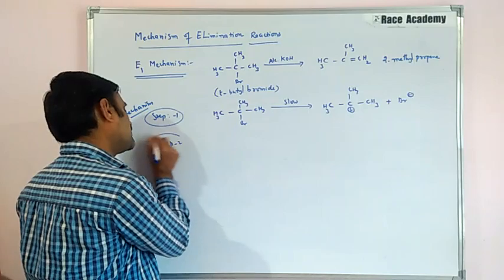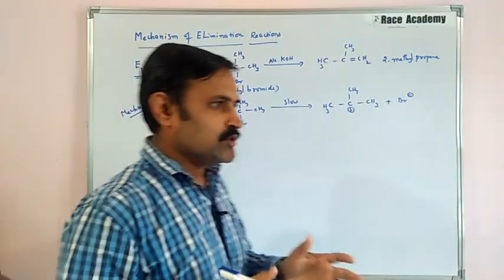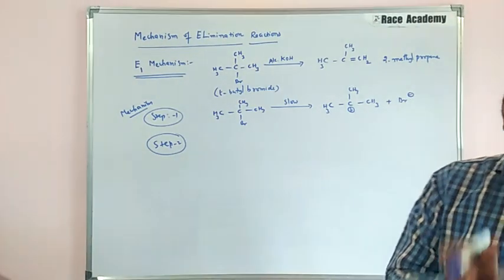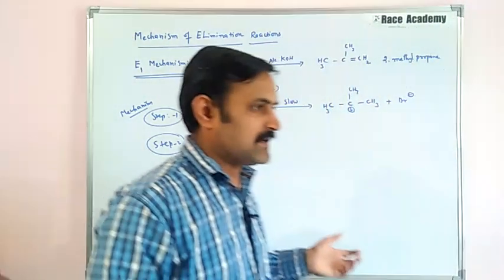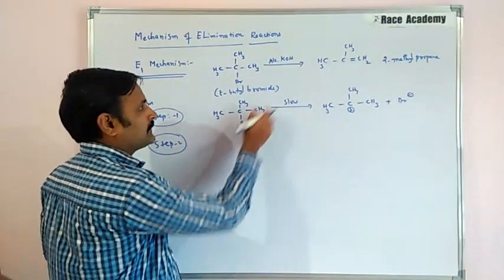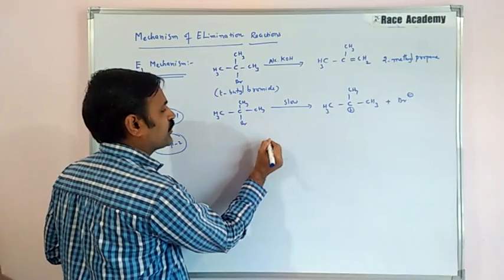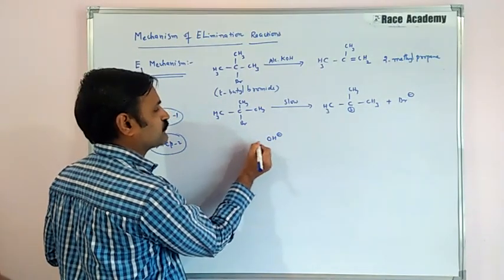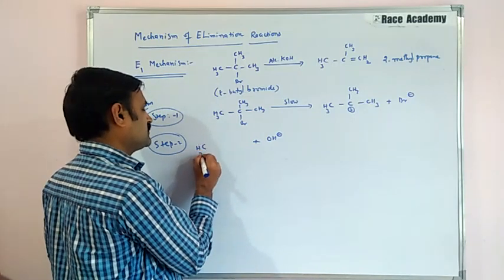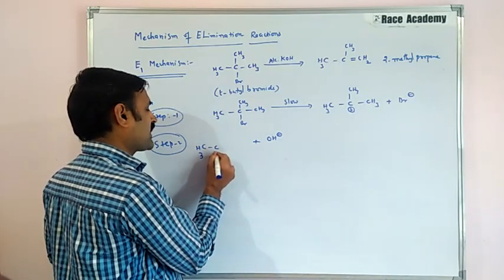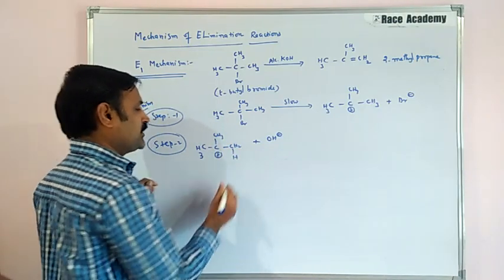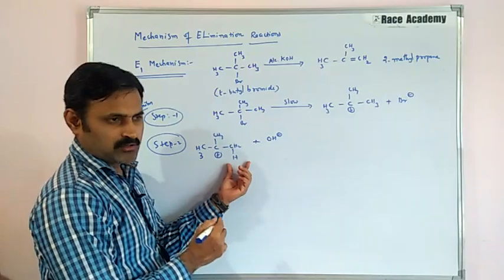Now step 2. We already have the carbocation formed. This carbocation reacts with the nucleophile, OH minus, from the alcoholic potash, whereas the beta hydrogen is specially shown.